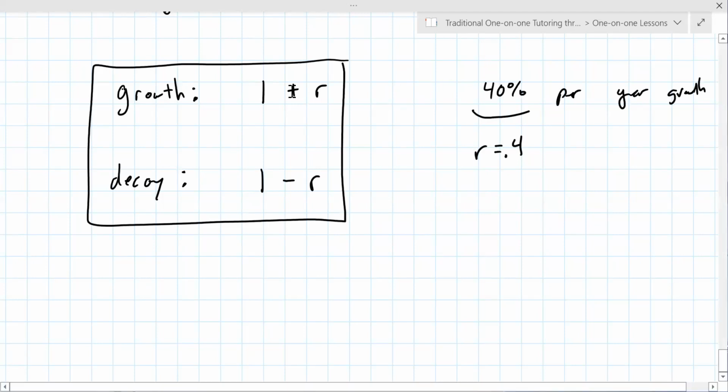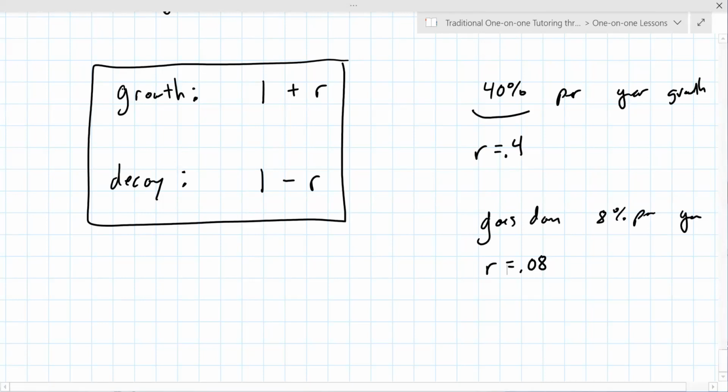Okay, so the reason that's important is that in the formula, and they don't tell you this very clearly, it's 1 plus the growth rate, 1 plus 0.4. And if it were a decay problem, let's say it goes down 8% per year, that means your R is 0.08, but because it's going down, because it's decay, you go 1 minus R.